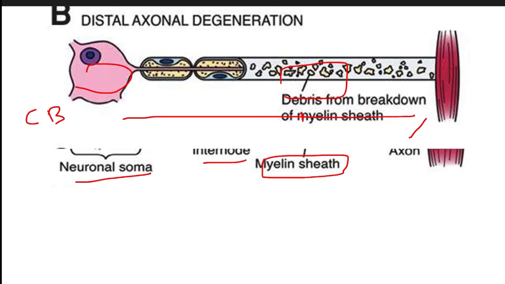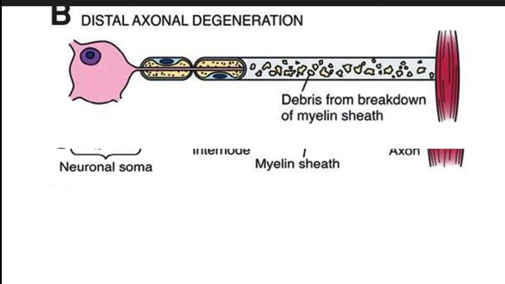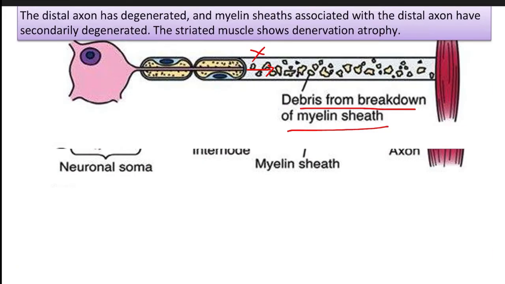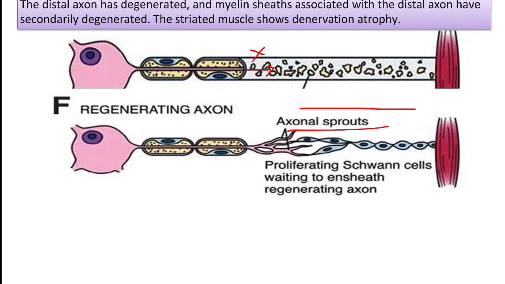What happens next is there is an injury to the axon. Here you can see that the axon is gone, with debris from the breakdown of the myelin sheath. There is also injury to the myelination. So there is a secondary degeneration, and the striated muscles are denervated and atrophy happens.